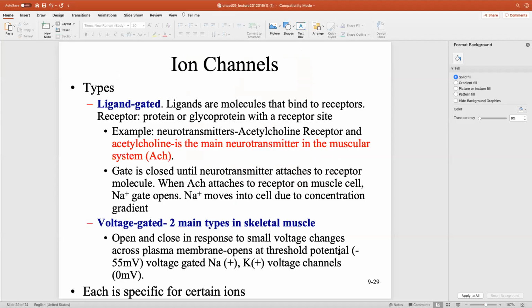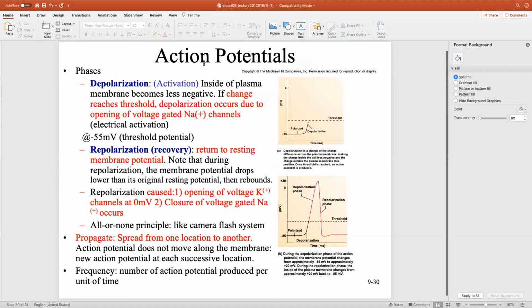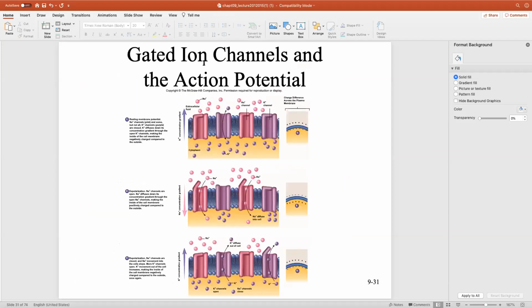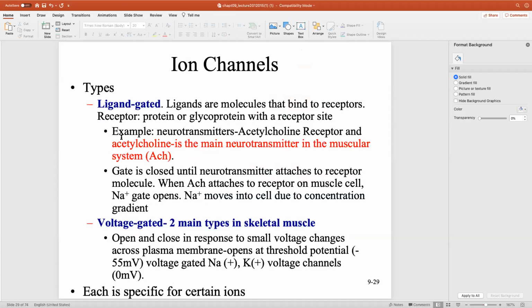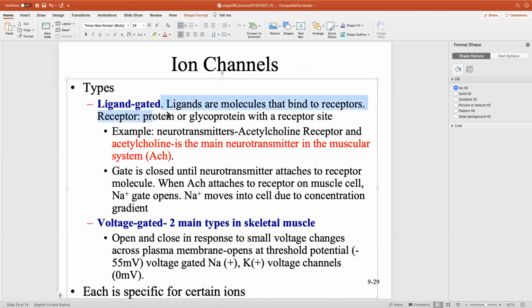right? Now, ligand-gated channels are the ion channels. We'll talk a little bit about action potentials and then we'll stop. So in terms of ion channels, we have 2 main types we're going to be concentrating on. Number 1, ligand-gated ion channels. What is a ligand? A ligand is any molecule that can bind to a specific set of receptors, right?